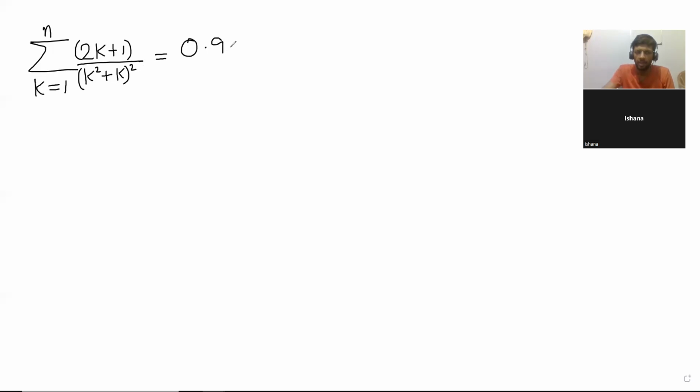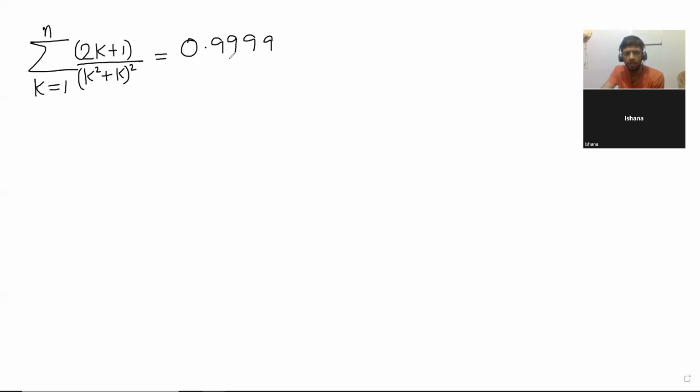The next question is the summation, k equals 1 to n, of (2k plus 1) by (k square plus k) whole square, is equal to 0.9999. Yeah, 4 nines.